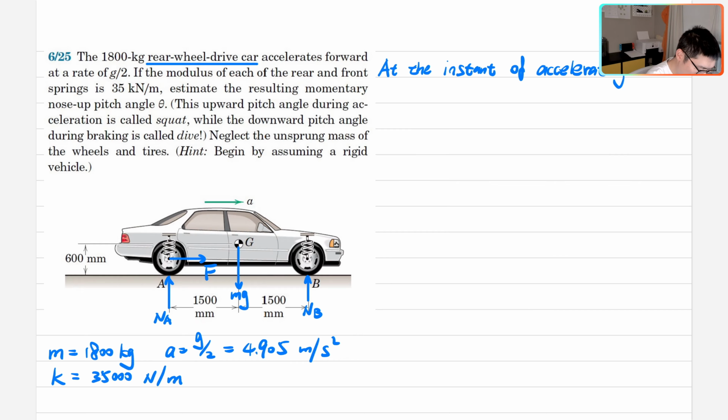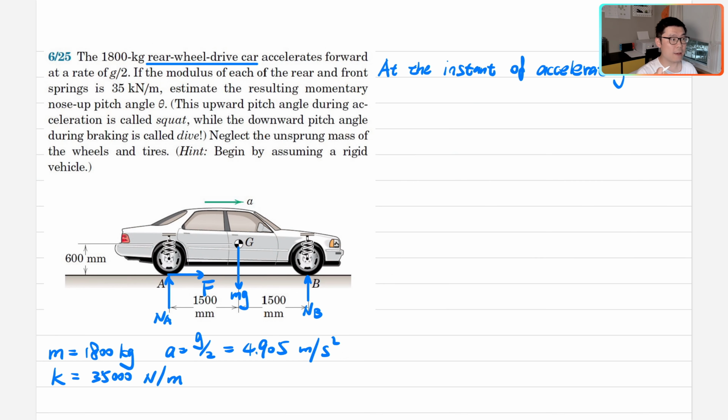Or if you want to simplify it further, it doesn't really matter. We can just think about this force as being right here at point A. I know there is some simplification here, right? But for this kind of question, you can safely assume this force is right at the same point A, where the point A is having the normal force.